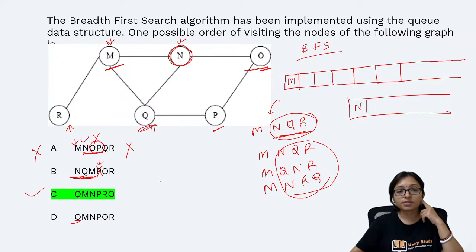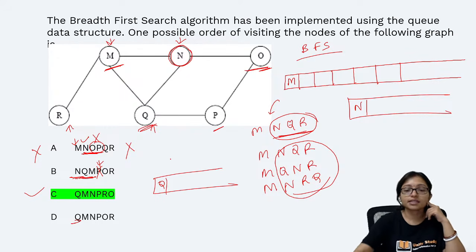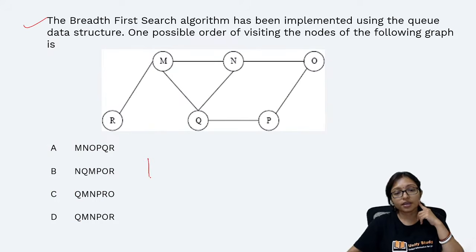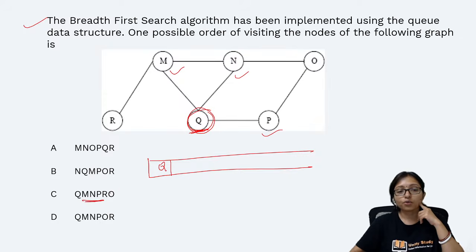Here also, if I am starting with Q, what will happen? See why C is the correct answer. I am showing how it is correct. If I am starting with Q, what are the adjacent ones? M, N, P. As per the option, the sequence is M, N, P. That is correct.